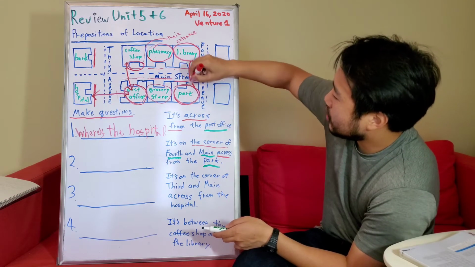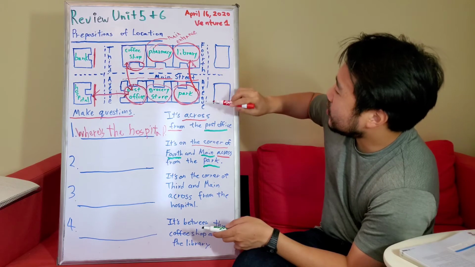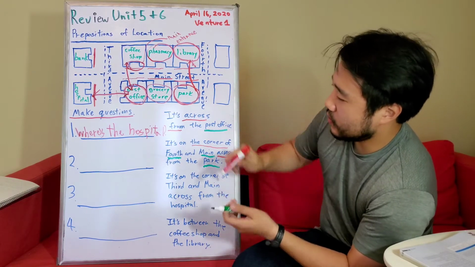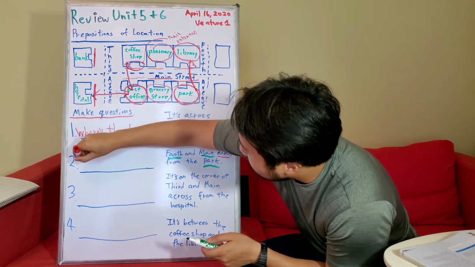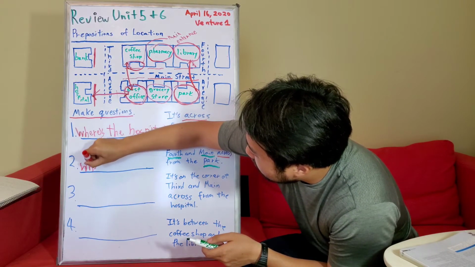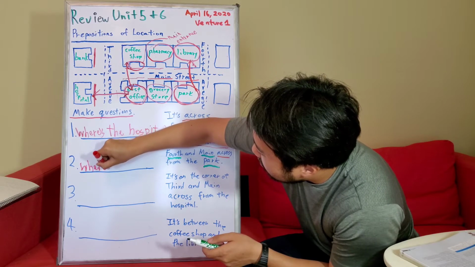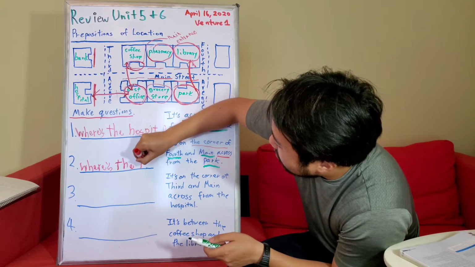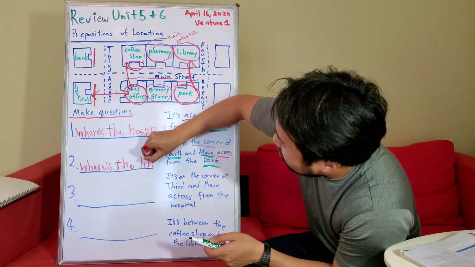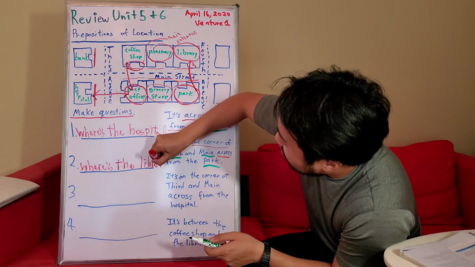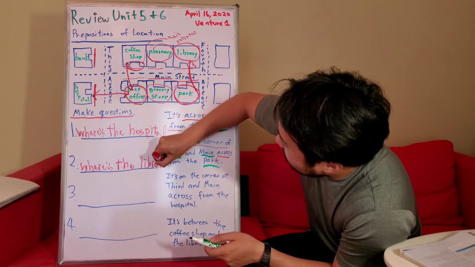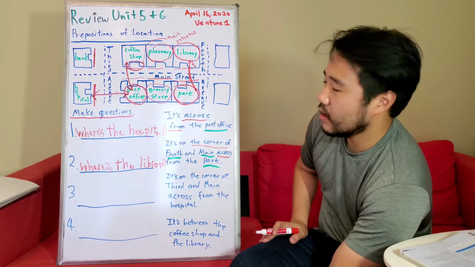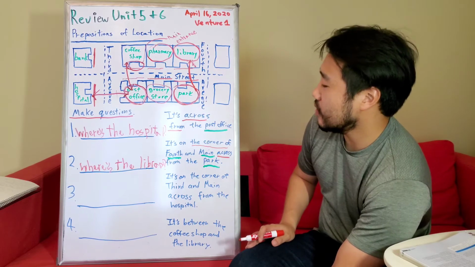So the place that we're questioning is the library. So we say, where's the library? And a question mark. So where's the library? Yeah, sorry for my handwriting right now.